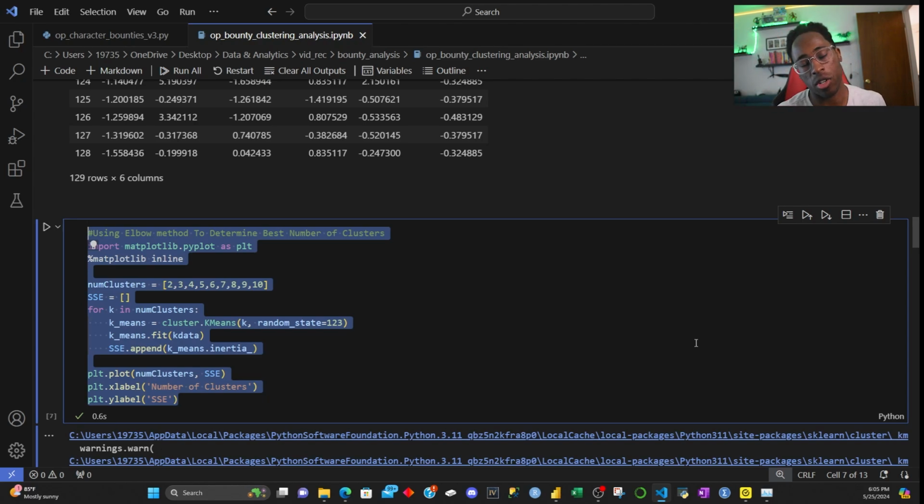So for 2 groups, it'll look at what the sum of squared error is for the characters in those 2 groups, and then it'll compare it to 3 groups, 4 groups, 5 groups, 6 groups.